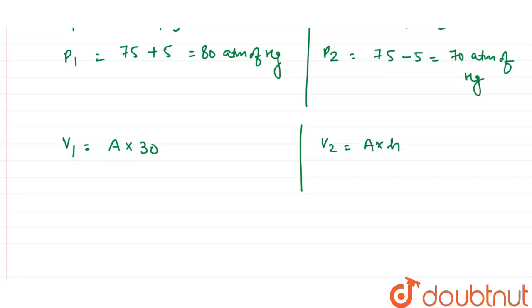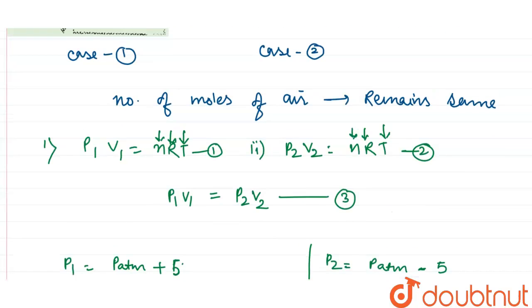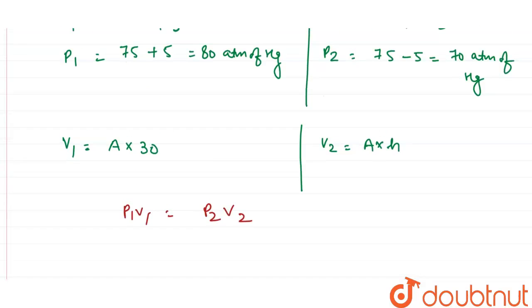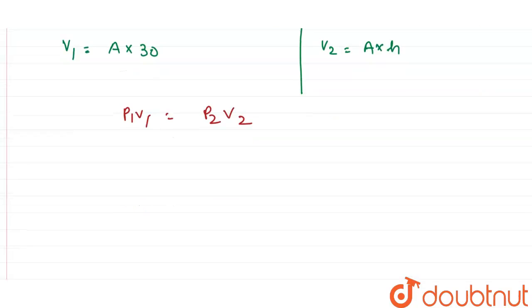Now putting the values of P1 V1 and P2 V2 in equation 3, P1 V1 equals P2 V2. Our P1 is 80 and P2 is 70.